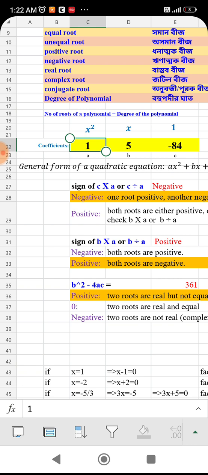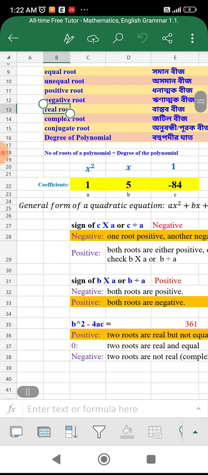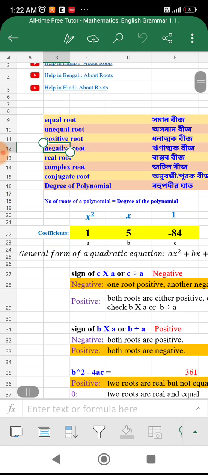Suppose an equation has been given, and the question comes in this way: whether they have real roots, whether they are positive roots, whether they are negative roots, whether they are equal roots or unequal roots, or maybe complex roots.